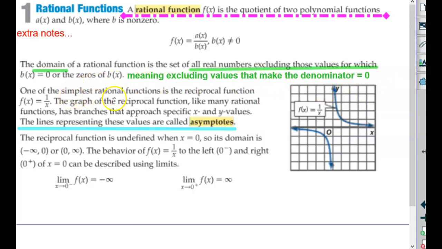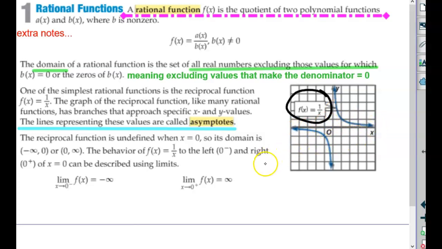One of the simplest rational functions is just called the reciprocal function. That's this one. We did that in our parent functions. Okay, that's just a 1 over x. The lines, the x and y intercepts in this picture are called asymptotes because the graph will approach them but not touch them, okay?